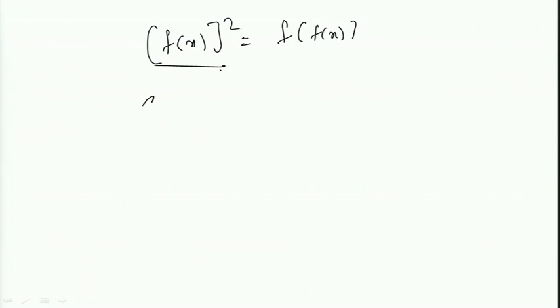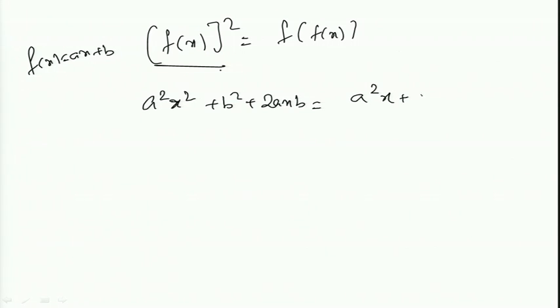F of x whole square becomes again how much? As we did, a square x square, we are assuming f of x to be ax plus b. So a square x square plus b square plus 2axb should be equal to a square x plus ab plus b square. Right. This is what happens when f of x whole square is equal to f of x.